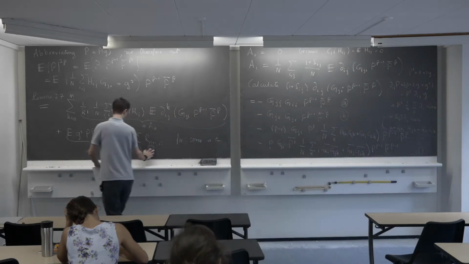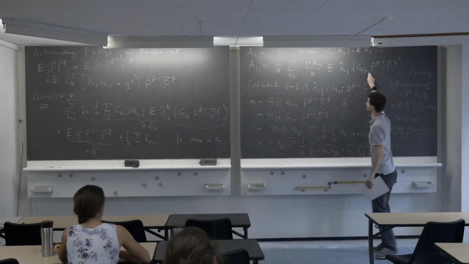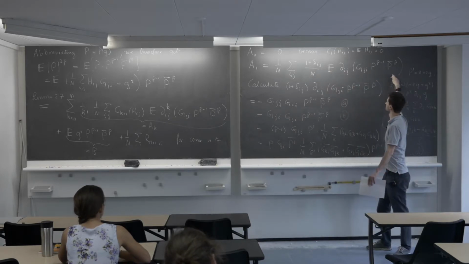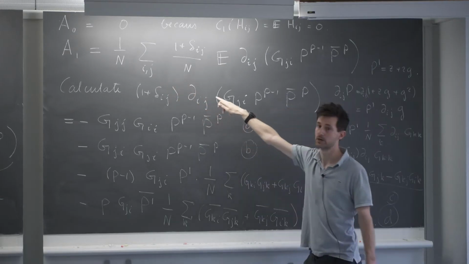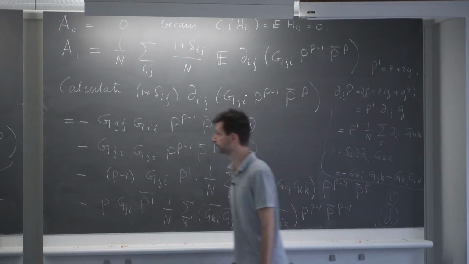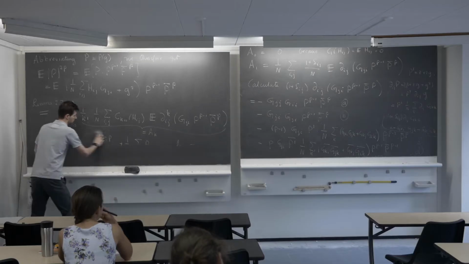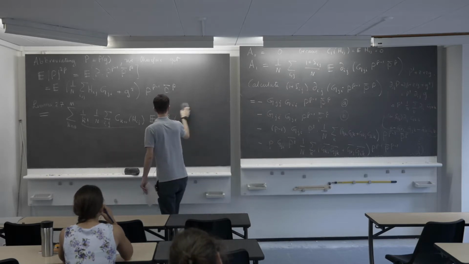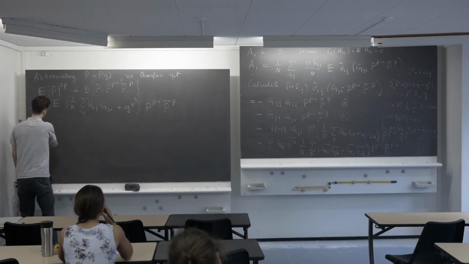So let's analyze them one by one. What do we have to do? We have to take each of these terms and plug them into here, right? I computed this 1 plus delta ij times this derivative, and therefore I just take 1 over n squared sum over i and j, and take the expectation of each one of these 4 terms individually. If I do that, something very wonderful happens to the first term.